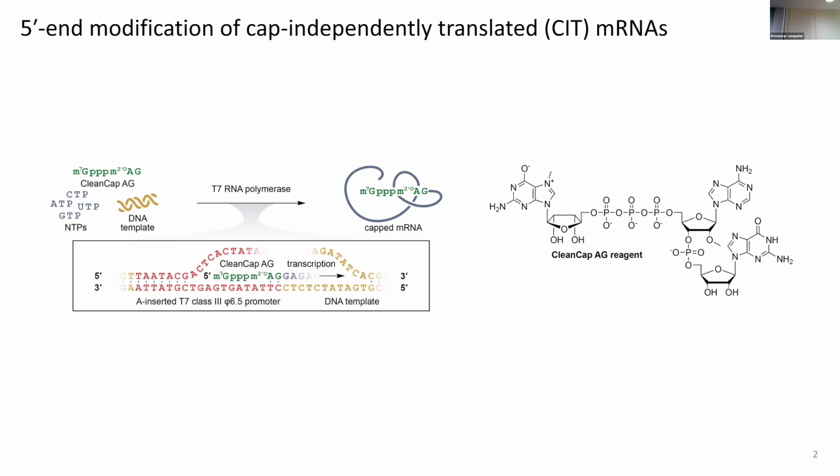A reagent like, for example, CleanCap AG, developed by TriLink and used in mRNA vaccines, can be added to the mixture of NTPs and used in in vitro transcription to efficiently prime the transcript. This reagent will be incorporated at the 5' end of the mRNA. This process has remarkable efficiency, around 95% or more of the transcripts will be successfully primed with this reagent.